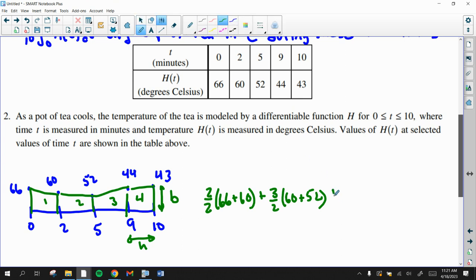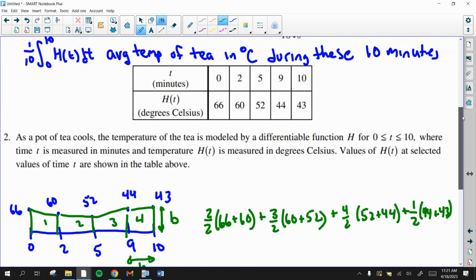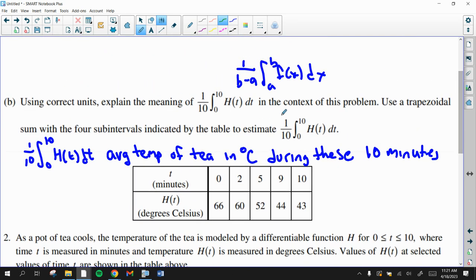Trapezoid 3 is from 5 to 9, so we have 4 over 2 times 52 plus 44. And finally, trapezoid 4 is 1 over 2 from 9 to 10, 44 plus 43. So that is the approximation of the integral from 0 to 10 using trapezoids.